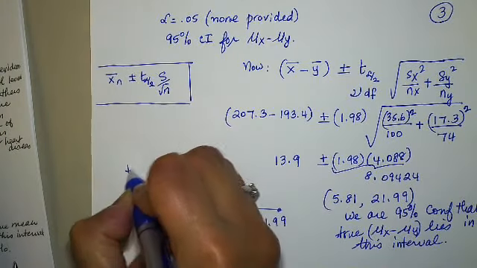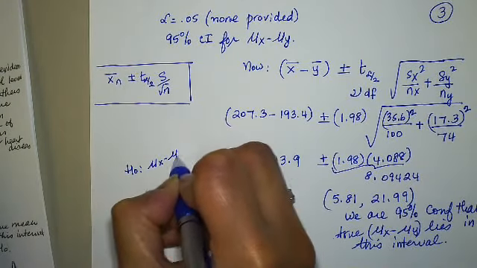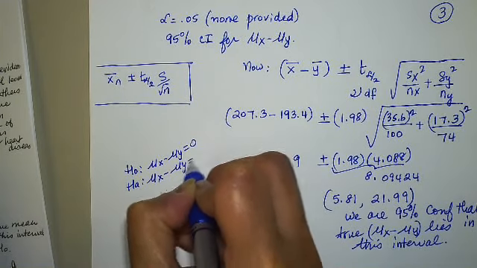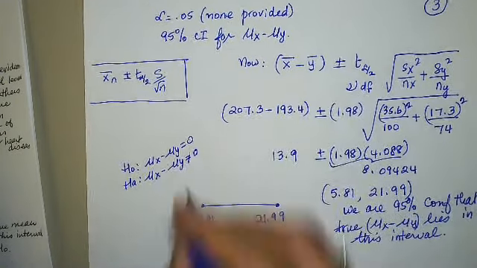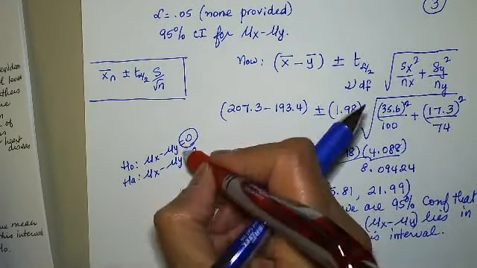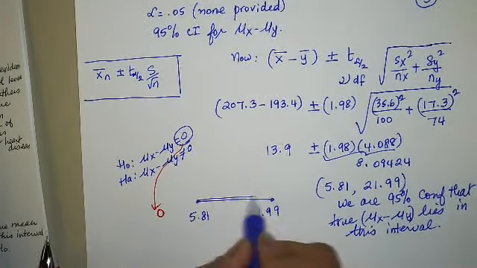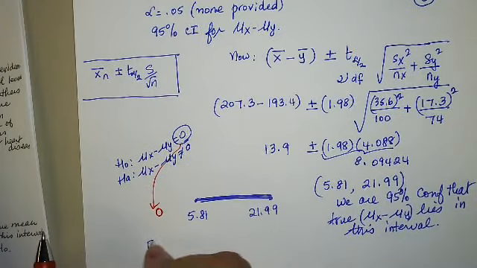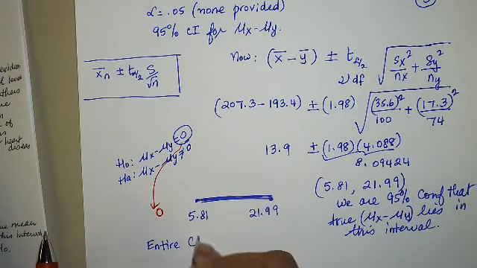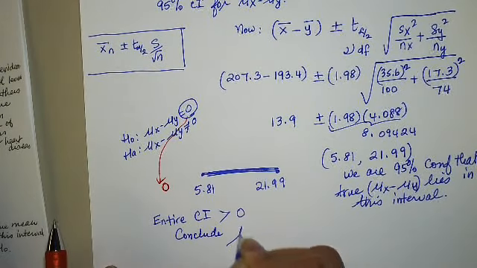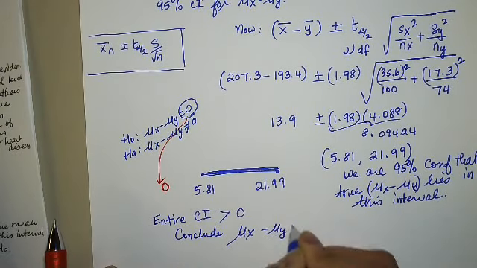And then I draw it, 5.81, 21.99, and then I go and I drop the 0 in there. Which 0? The 0 from the null hypothesis here. H naught mu x minus mu y equals 0 versus HA mu x minus mu y not equal to 0. So this 0 is what I go and I drop in here.